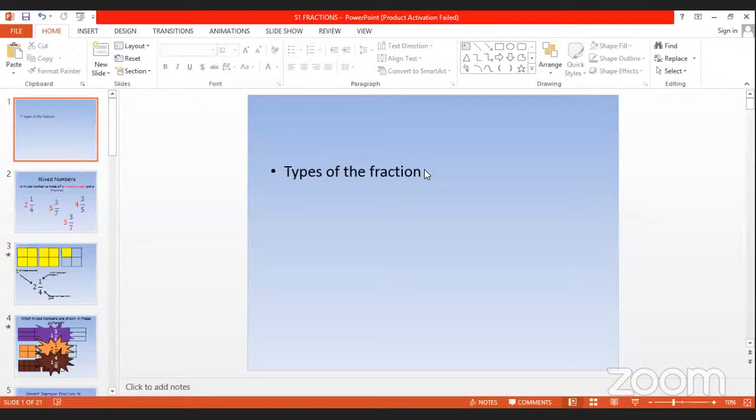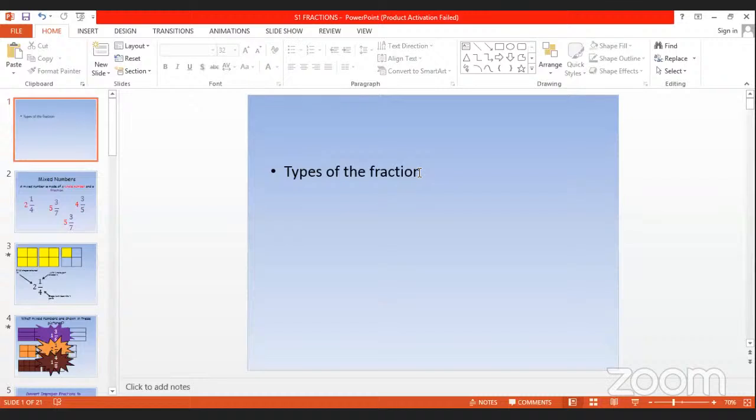So we are looking at fractions. What are some of the types of fractions we looked at? Blessing, could you give us the type of fractions we looked at? Blessing, are you there? Mixed fractions, good.